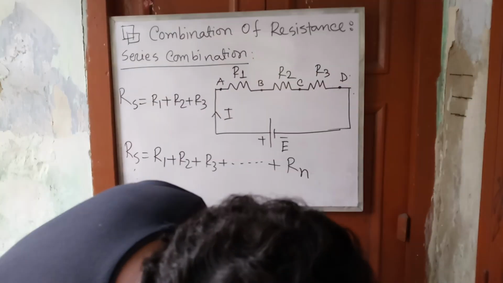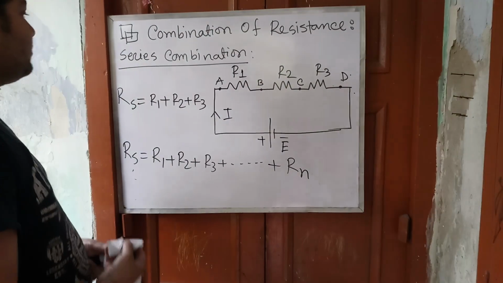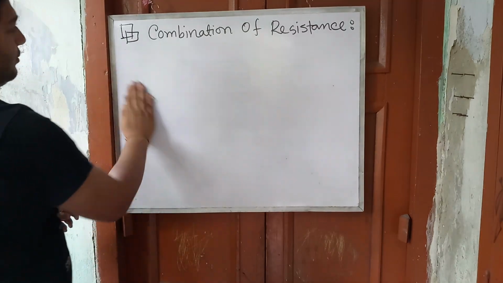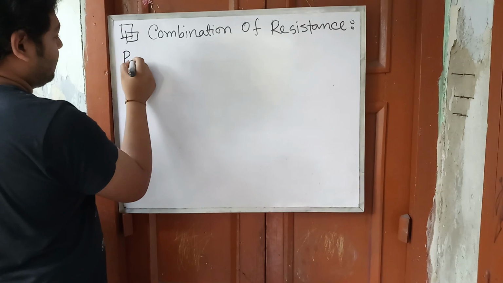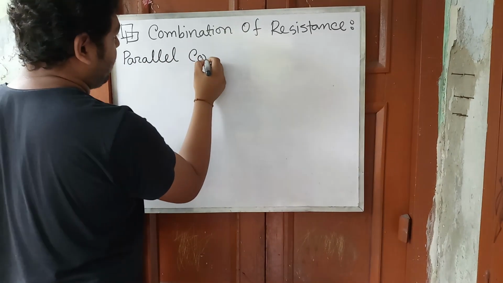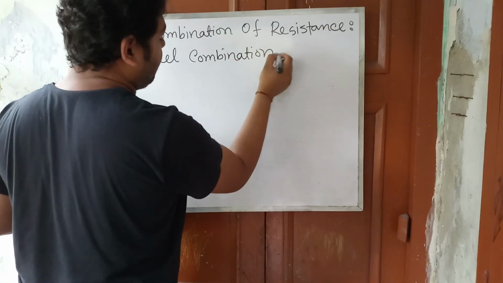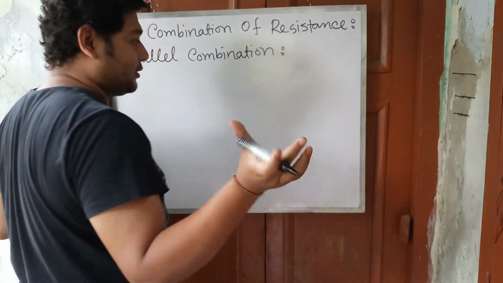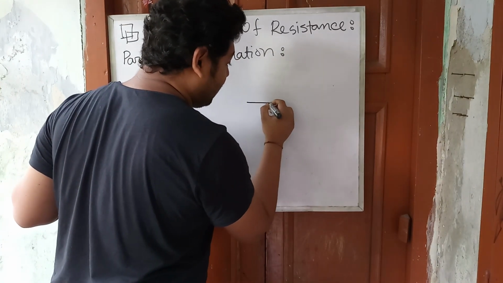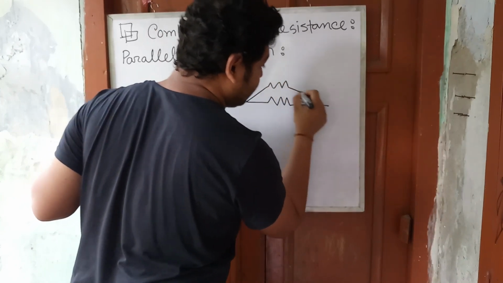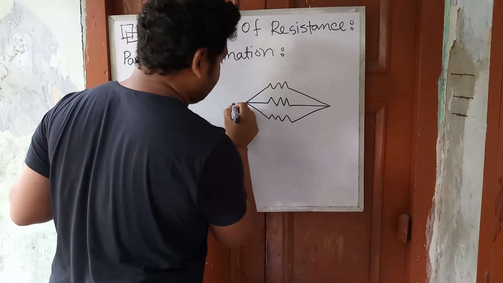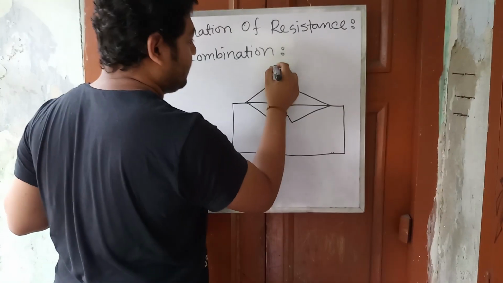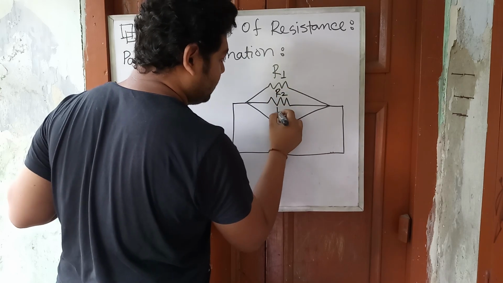Now we will discuss the parallel combination. Now I am trying to show you a parallel combination of three resistances, R1, R2, R3.